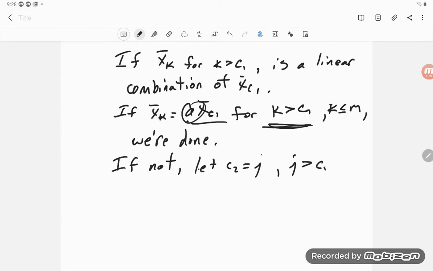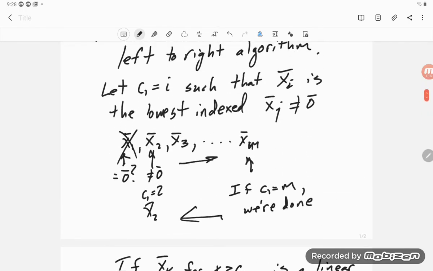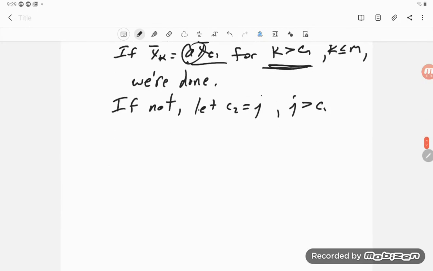So I've moved to the right on my list, looking for the next vector. Let c2 equal j, j greater than c1, and j the smallest index.